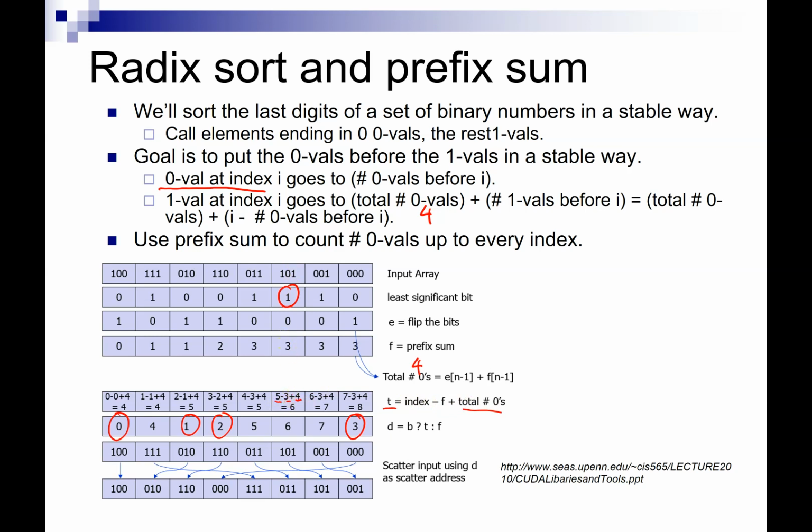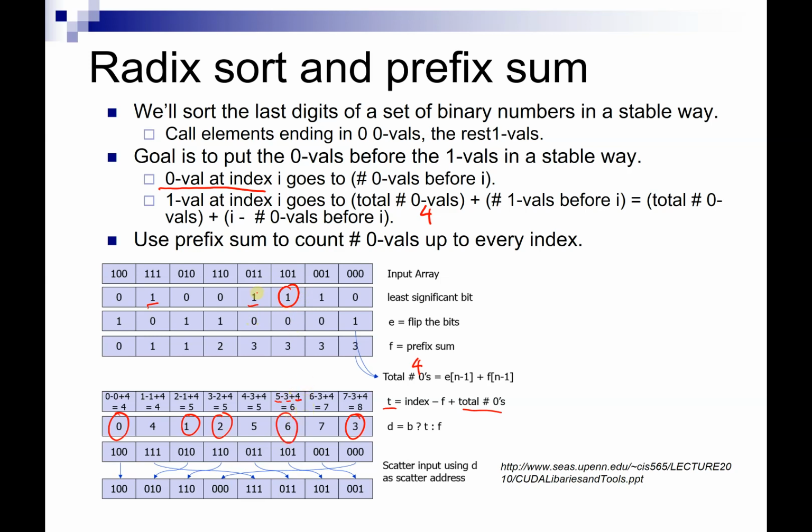So that indicates that there are 2 1 values before this position, and those 1 values are this guy and that guy. So this is like the third 1 value, and he also goes after the 0 values. So his position is going to be this 5 minus 3 plus 4, which is position 6. This guy belongs in position 6 over here.